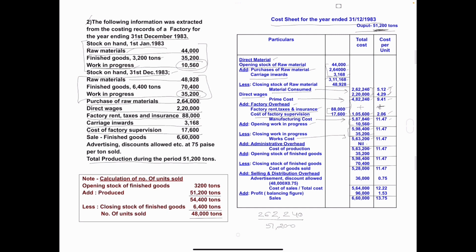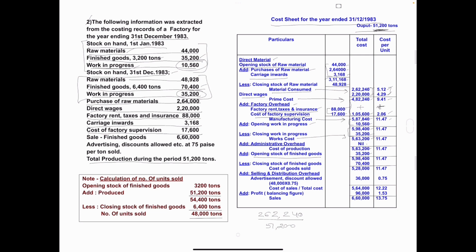Opening stock of finished goods, see in the problem, is 35,200. See the closing balance of finished goods, 70,400. So add opening stock of finished goods amount 35,200.